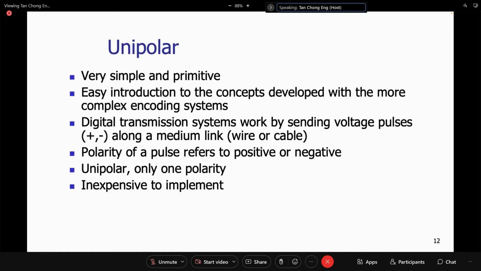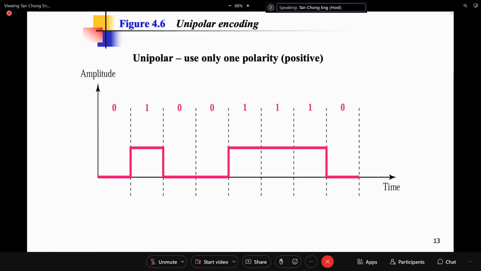For unipolar, it's very simple. Uni refers to one, only one polarity. In this case, if it is a 1, then you get this line here, which is, let's say, 5 volt.